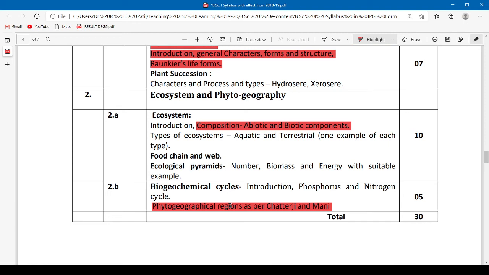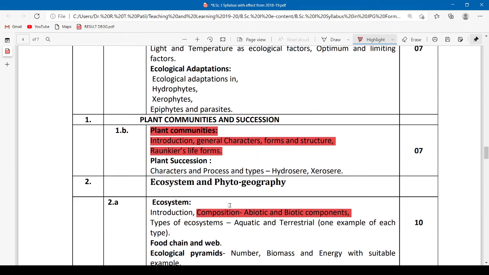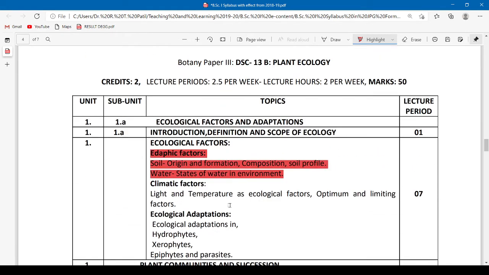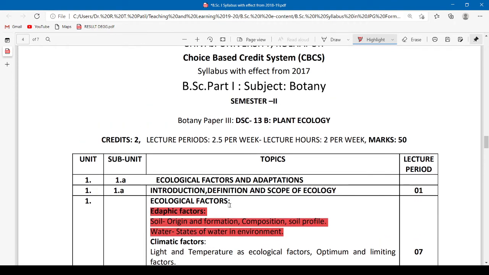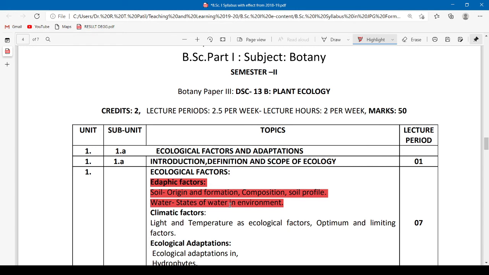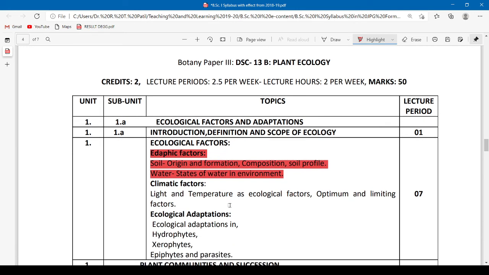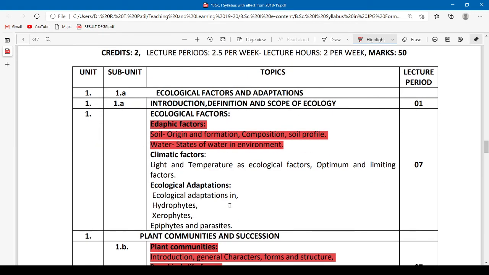Therefore, dear students, for the syllabus of Botany Paper 3, Plant Ecology, the topics which are cancelled for the examination, I can repeat again.